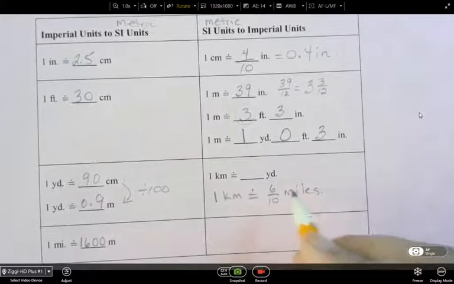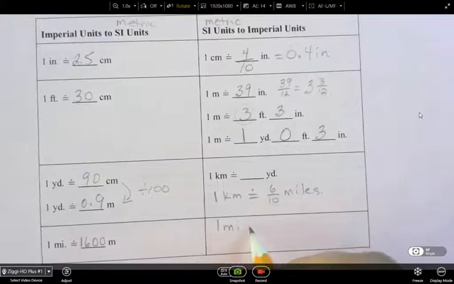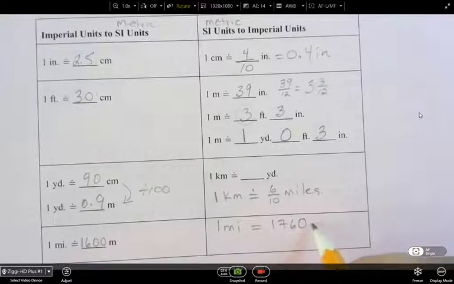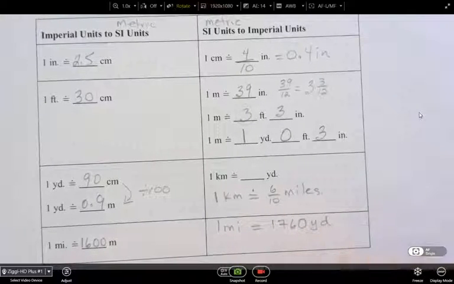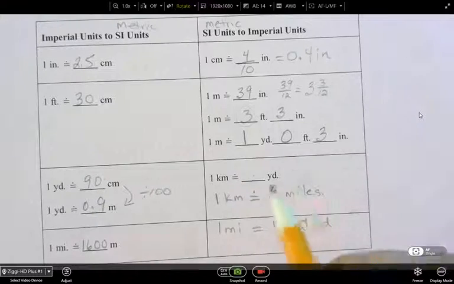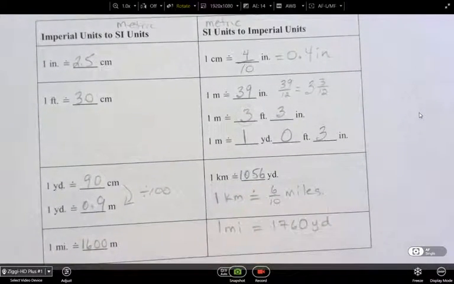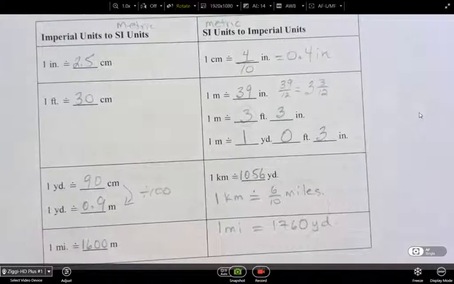But then how many yards are in 1 mile? 1 mile is 1,760 yards. So in order to get how many yards 1 kilometer is, I can multiply those two together, and I get 1,056 yards, approximately. Okay?